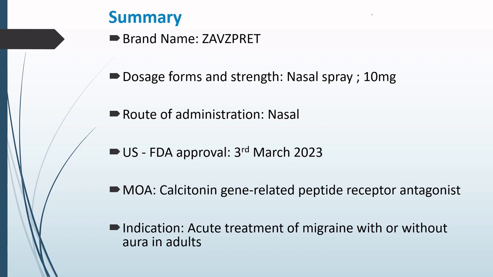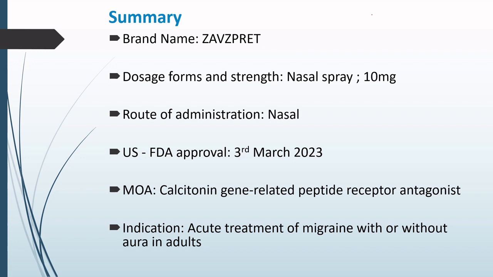So to summarize everything that we have studied, the drug that we have studied today is Zavegepant. The Zavegepant is available under the brand name of ZAVZPRET. It is available as a nasal spray with one single spray emitting 10 mg of the drug. The route of administration is obviously nasal. It was approved by US FDA on 3rd March 2023.